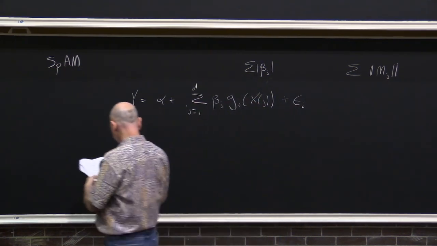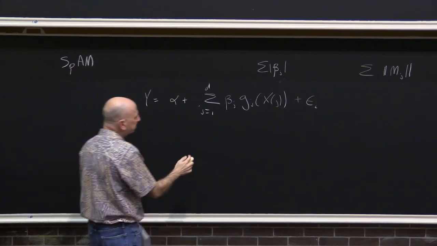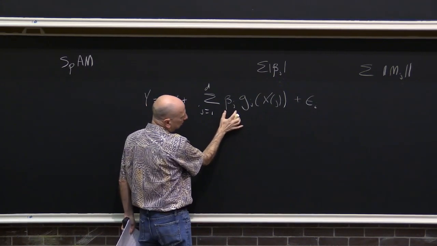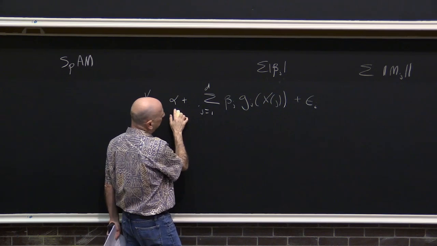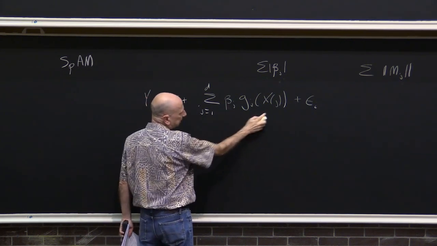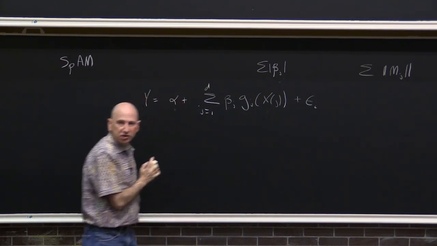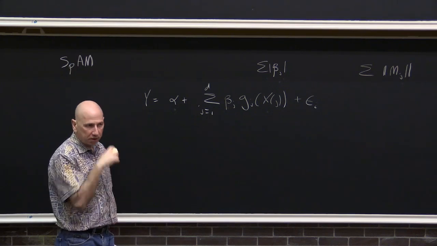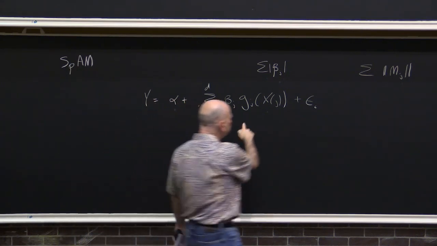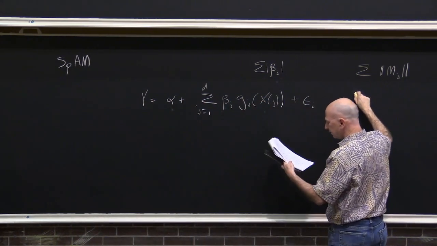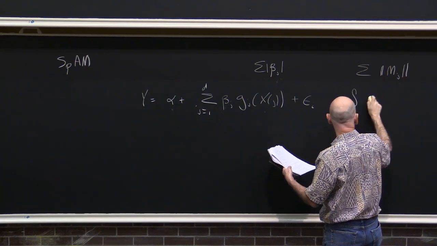Again, we need some sort of constraints for this to make sense. I could multiply this by 10 and divide this by 10 without changing anything. So in order for this to be a well-defined problem, we're going to require that these things have mean 0 as we did before.